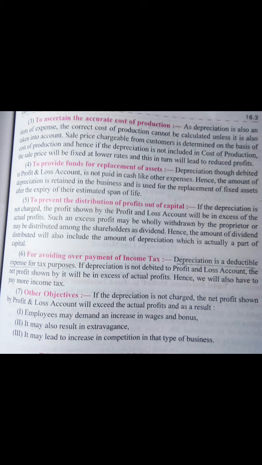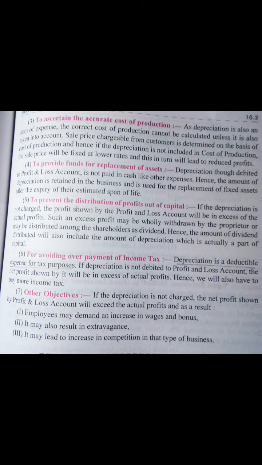And we know that whenever there is an excess profit, we have to distribute that profit among the shareholders as a dividend, or the proprietor may take it away from the capital also.